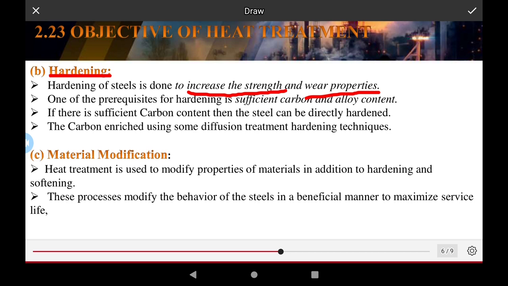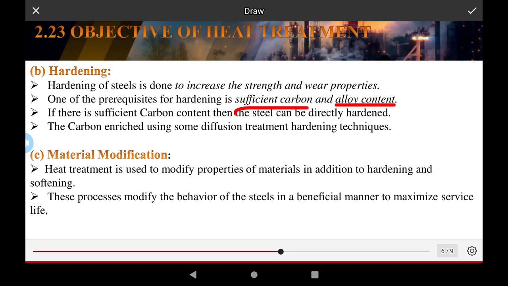One of the prerequisites for hardening is sufficient carbon and alloy content.